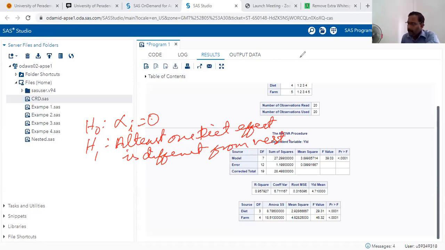So that is the alternative. So we accept the alternative based on the results, right?